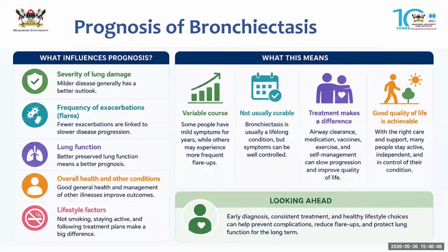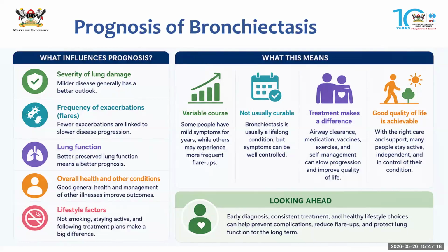So in summary, when you look at bronchiectasis, the prognosis is combining again the presentation here and what Adrian talked about. There are so many things that are going to influence the prognosis in bronchiectasis, including number one, the severity of lung damage. Number two, the frequency of exacerbations. That's why you see we have to do whatever we can to reduce the risk of exacerbations, because the more someone gets exacerbations, the poorer the prognosis.